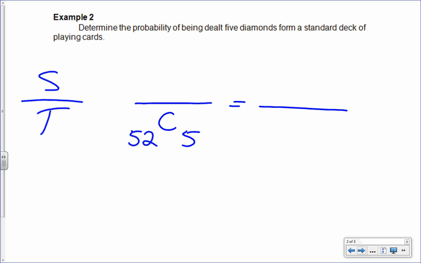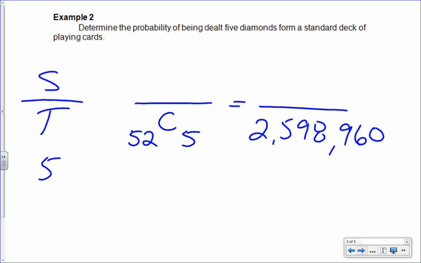Okay, what do we got for our bottom? 2,598,960. So what does that number represent? 52 C 5, or it's 52 nCr 5. There's a button.